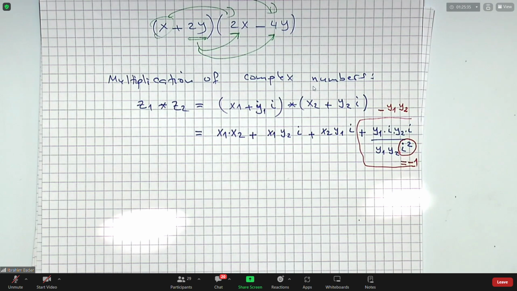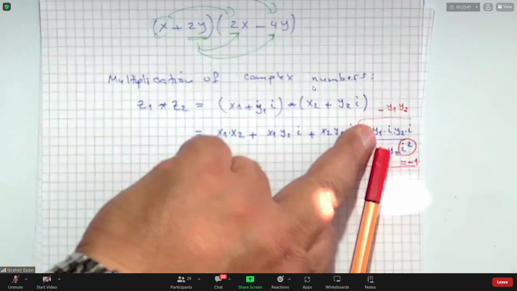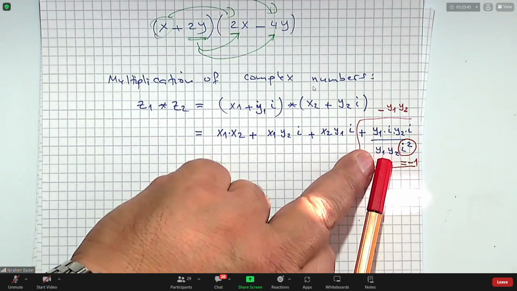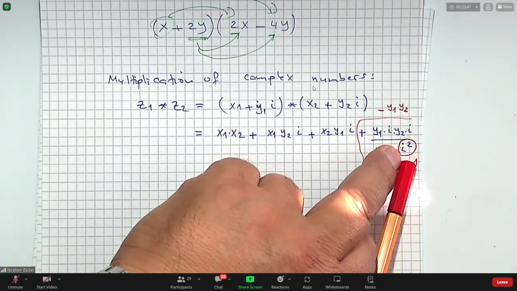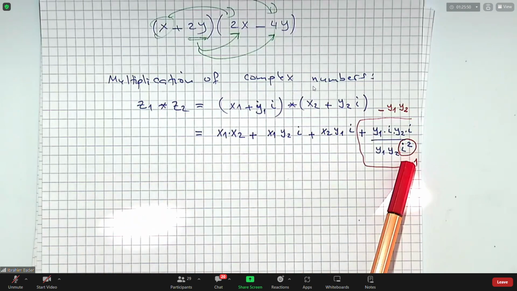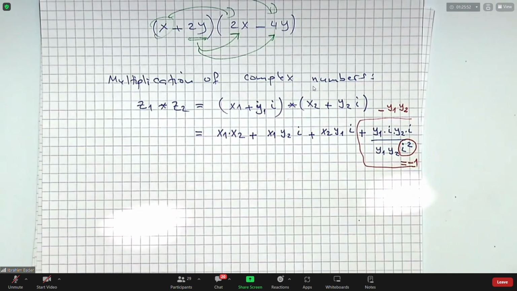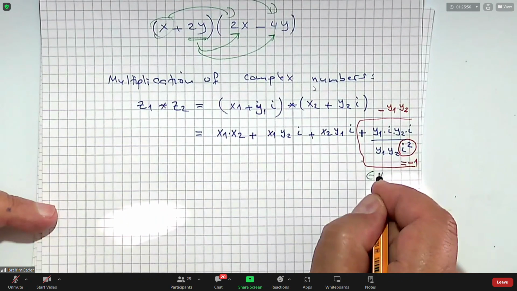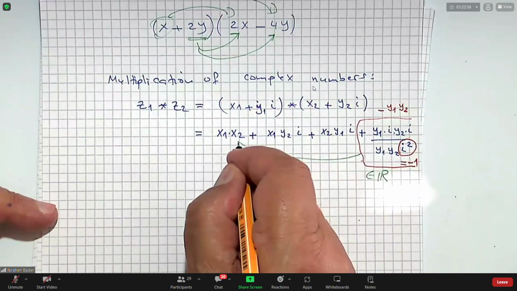This is something unique for complex numbers, okay? So again, y1i multiplied by y2i will result in y1 y2 i squared, but i squared is -1. So it is a real number, so it goes to the real part.